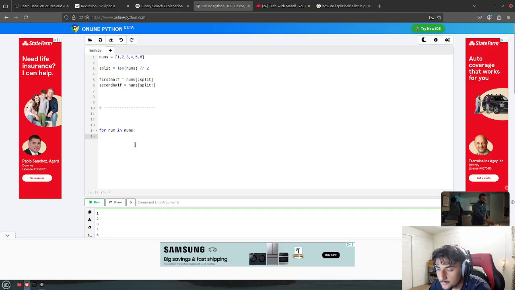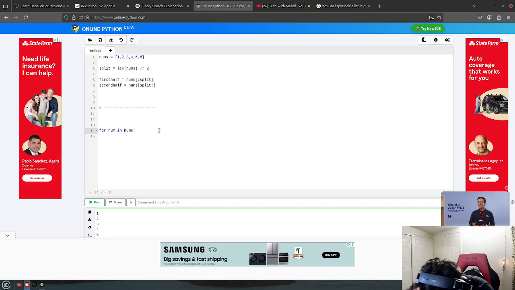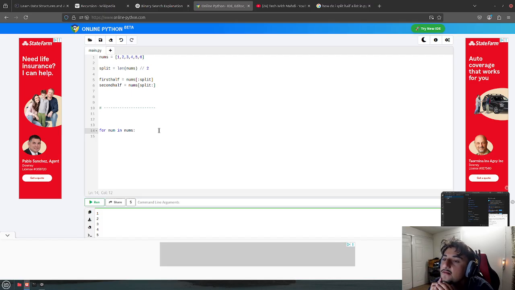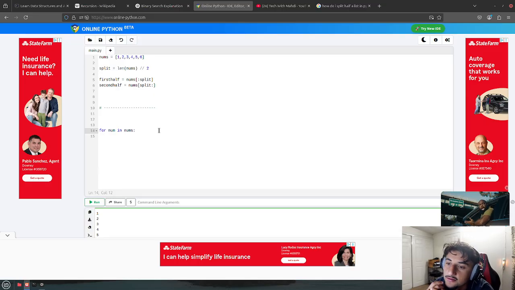So now... Oh, that's why I did the range, because I need the indexes. I need the flipping indexes. It's like, why was I doing range?